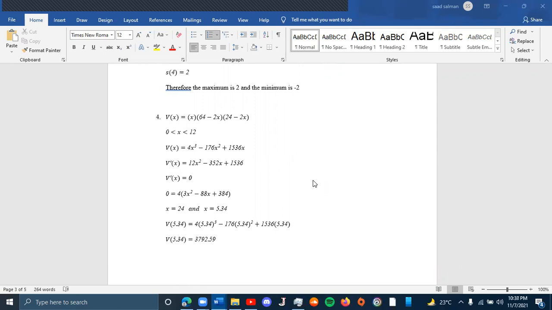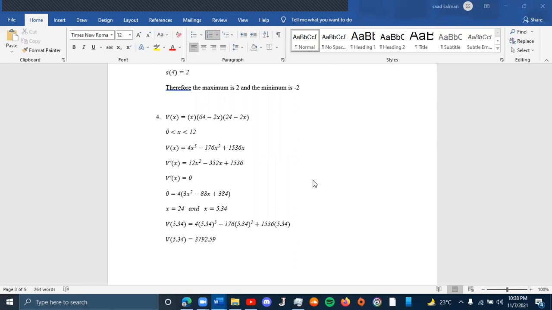So V(x) = 4x cubed minus 176x squared plus 1536x, which will give us V prime x = 12x squared minus 352x plus 1536. So V prime x = 0. So 0 = 4(3x squared minus 88x plus 384). So x = 24 and x = 5.34.